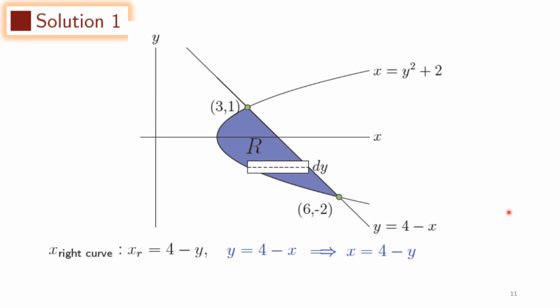As for the left curve, we have x sub l equals y squared plus 2. This one is already expressed in terms of y, and remember, we're in dy, so we can make use of that.